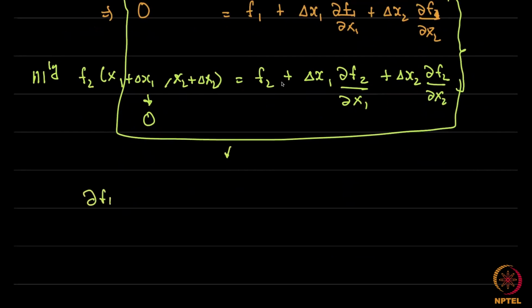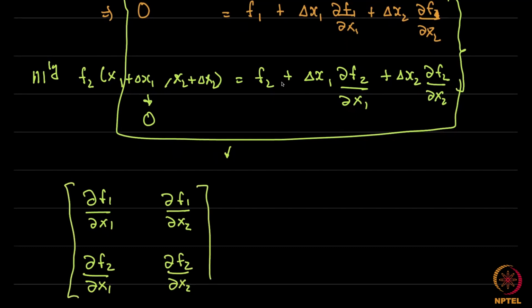We can rewrite this as the matrix with rows del f1 del x1, del f1 del x2 and del f2 del x1, del f2 del x2, the whole thing multiplied by delta x1, delta x2. Let's see what this corresponds to.